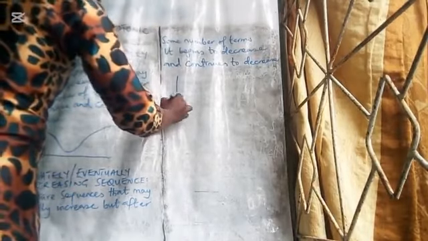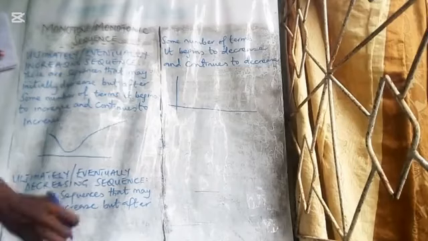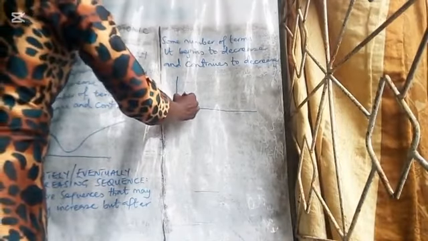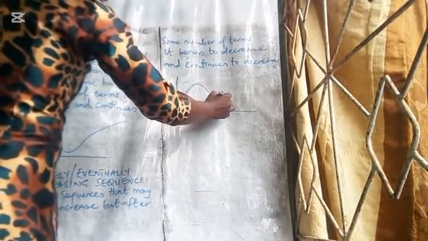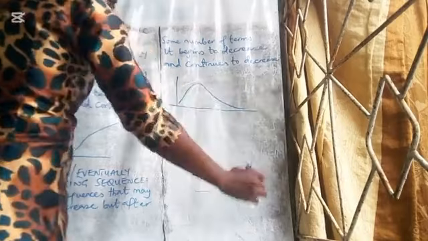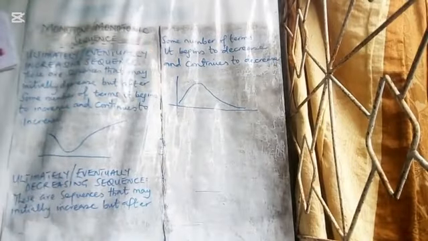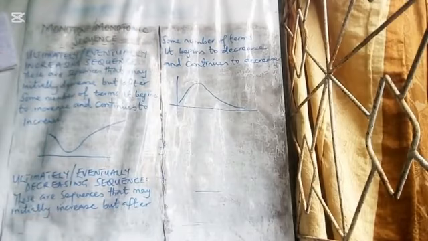A graph of such a sequence will look like this. It initially begins to increase, and then it starts decreasing, and it continues to decrease. That is an eventually decreasing sequence.